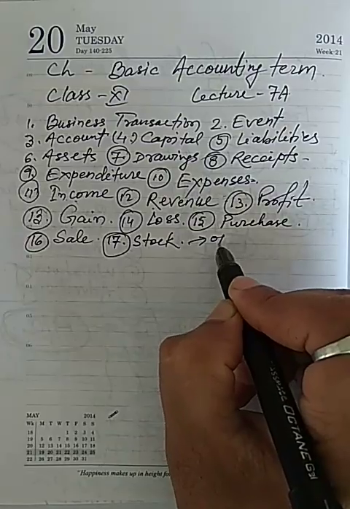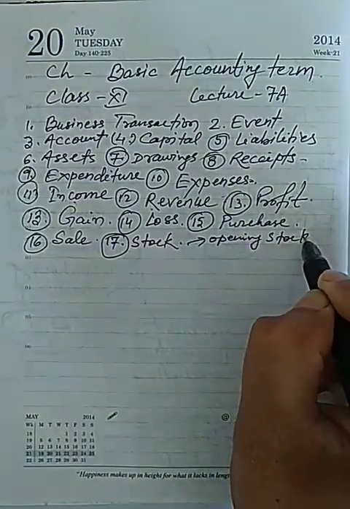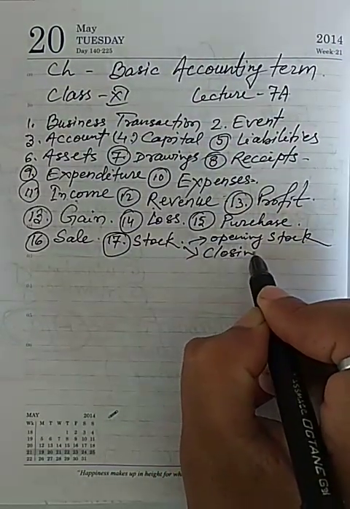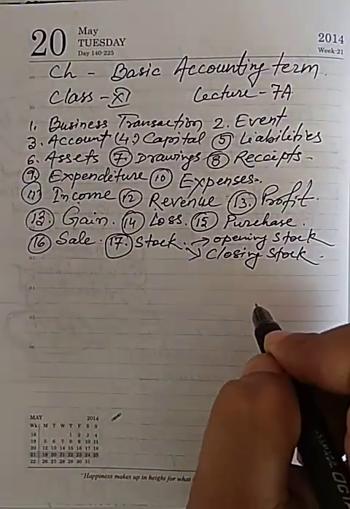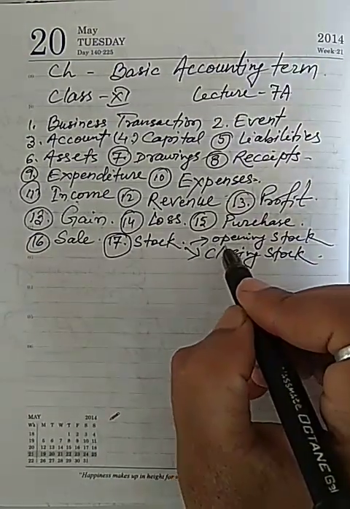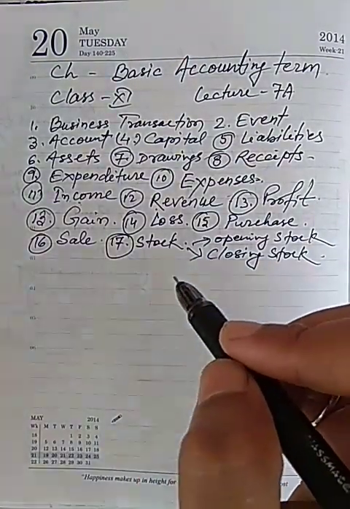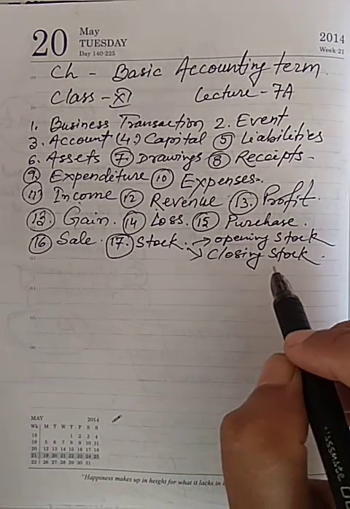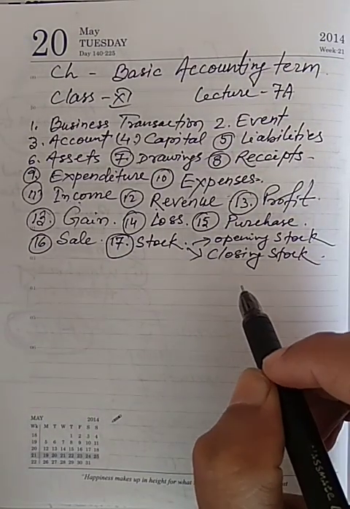One, opening stock, and second, closing stock. The term opening stock means the value of goods lying unsold at the beginning of each year, whereas the term closing stock means the value of goods lying unsold at the end of the accounting period.